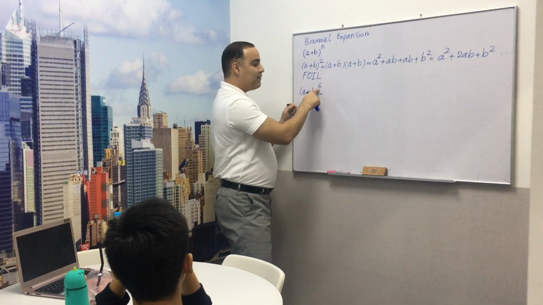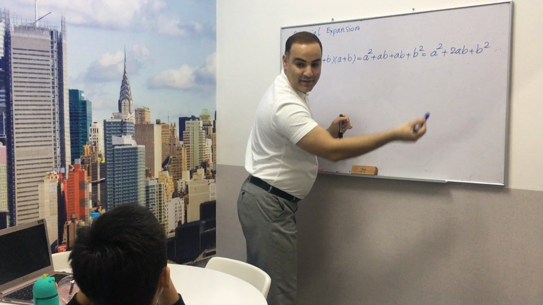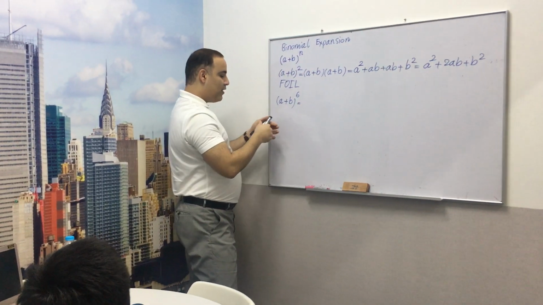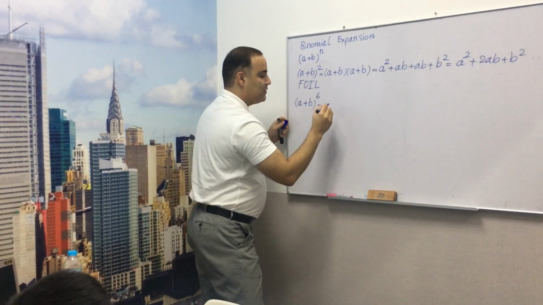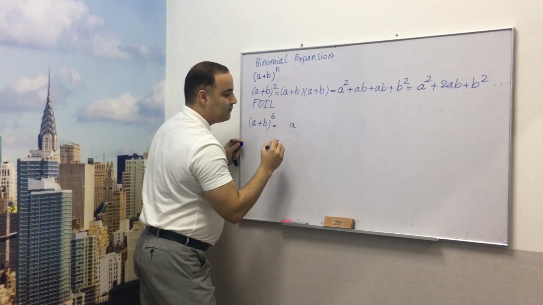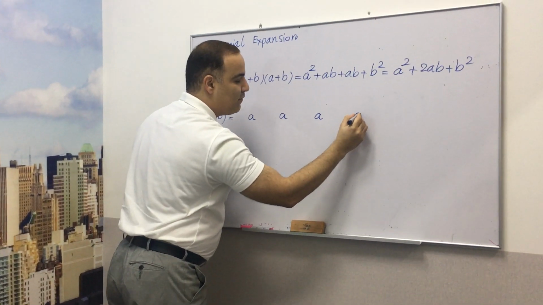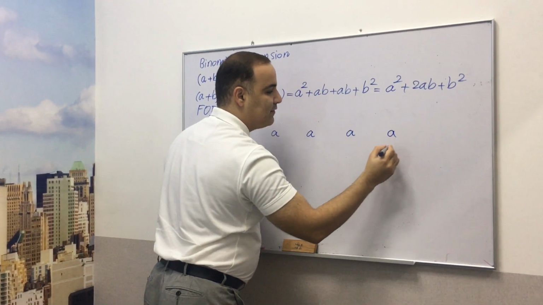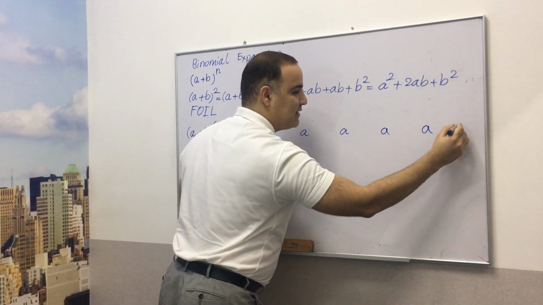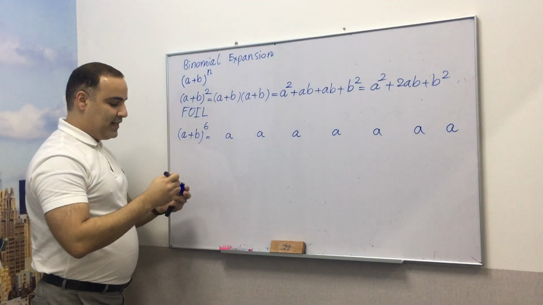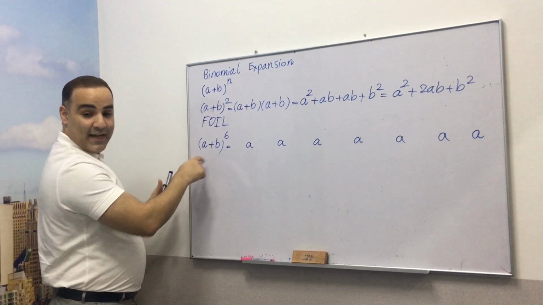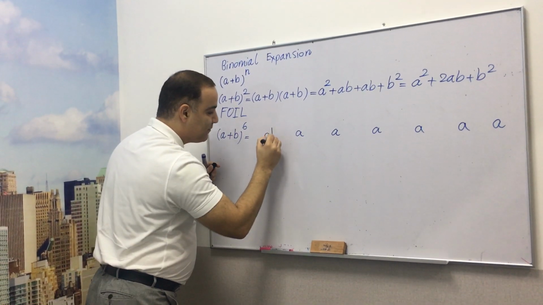So if it's to the power of 6, how many terms will I have? 7. So I will write a 7 times: 1, 2, 3, 4, 5, 6, and 7. And then I'll multiply it by the next term.